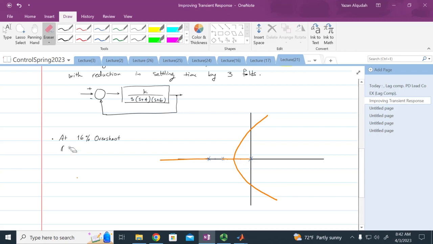It's going to give me the angle theta, cosine inverse of zeta. 16% overshoot corresponds to zeta equal to 0.504.